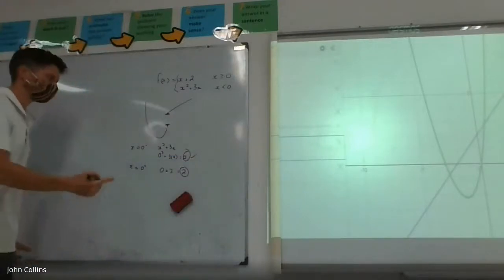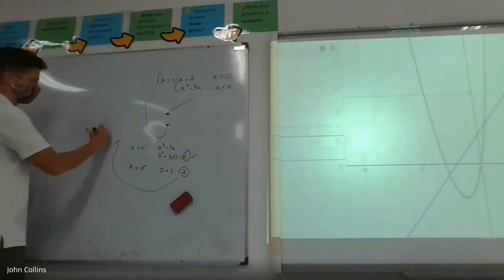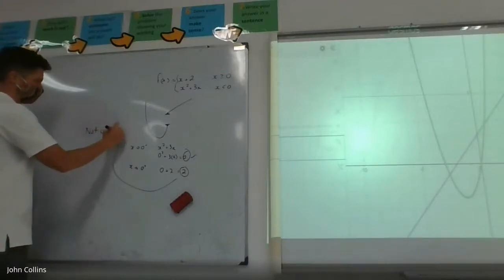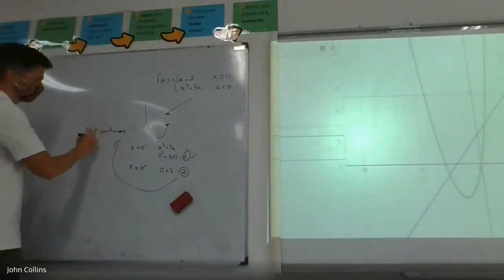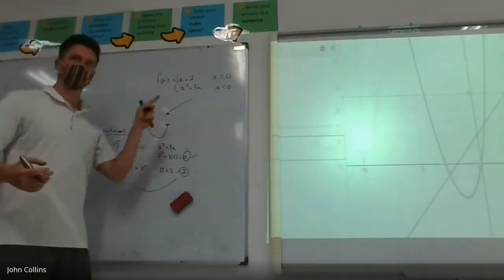And let's discuss, is it or is it not differentiable? It's not continuous. Why wouldn't it be differentiable? It's differentiable at every other point. And why wouldn't it be differentiable at that point?